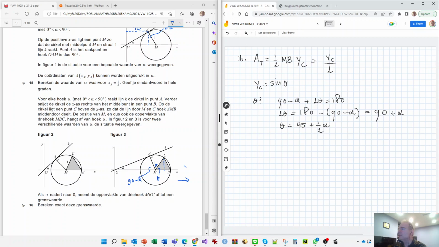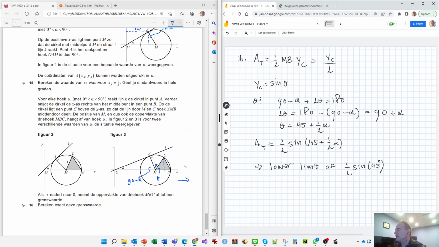So T is then 1/2 times the sine of 45 plus 1/2 alpha, and that means it has a lower limit of 1/2 sine 45 degrees, and that's our answer.